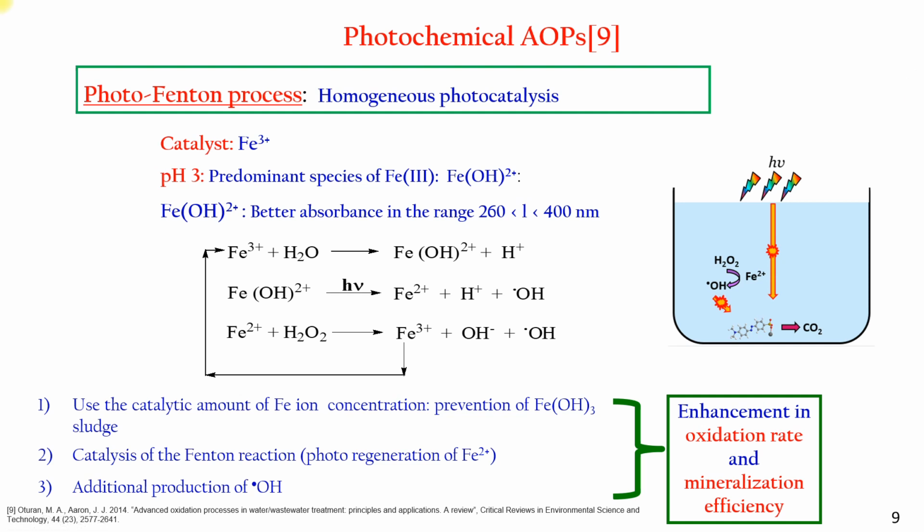Here we have some advantages compared with the Fenton process, such as the regeneration of the catalyst by means of the UV light irradiation. Here ferric ion is converted to ferrous ion. Therefore we can have additional hydroxyl radical production.